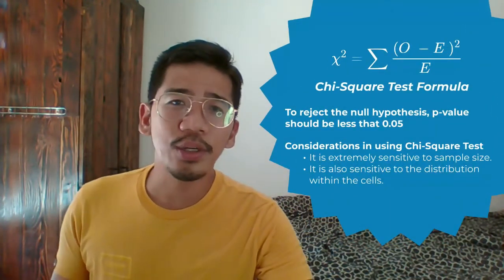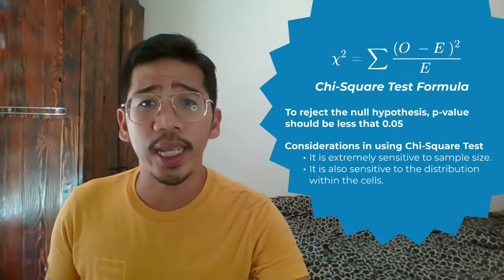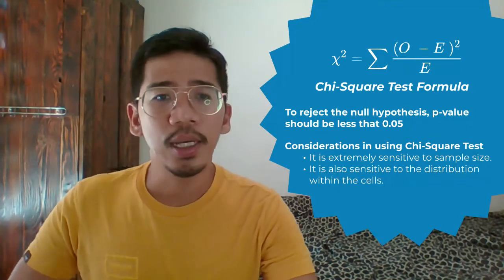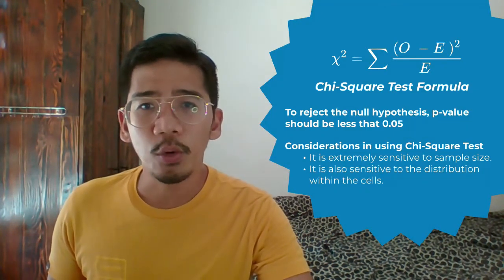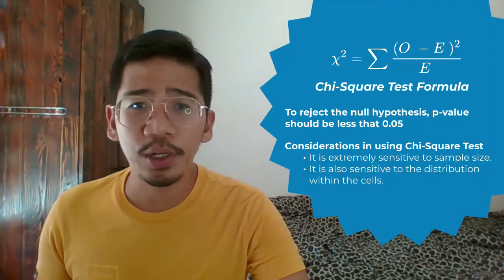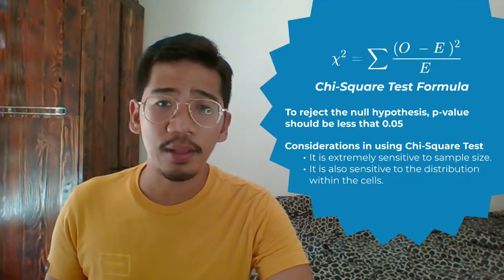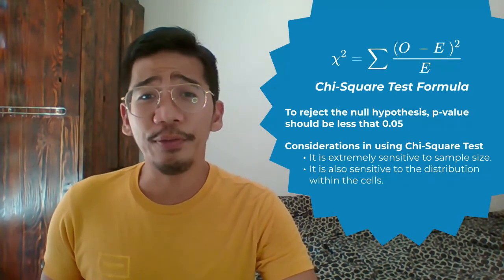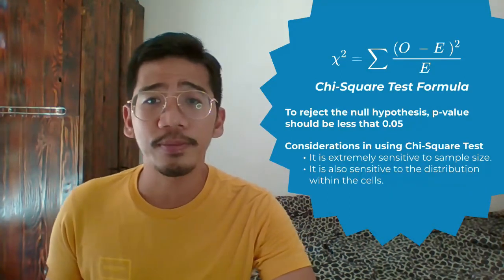The calculation of the chi-square statistic is quite straightforward and intuitive. Here, you see the test formula for the chi-square test, where O is the observed frequency, which is the observed counts in the cell, and E is the expected frequency if no relationship existed between the variables.